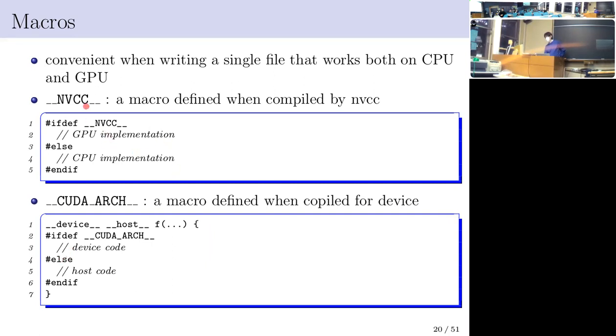Those two things are very similar but different. NVCC is defined everywhere when something is compiled using NVCC, but CUDA_ARCH is defined only when a function is compiled for the GPU.